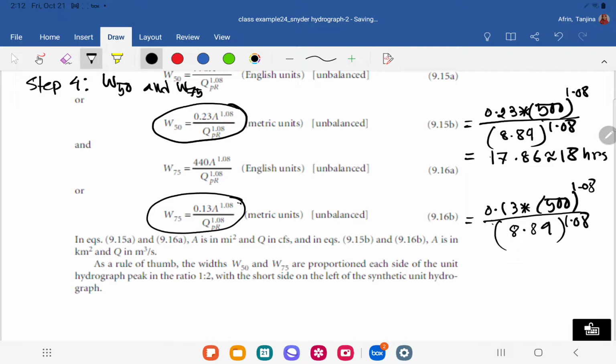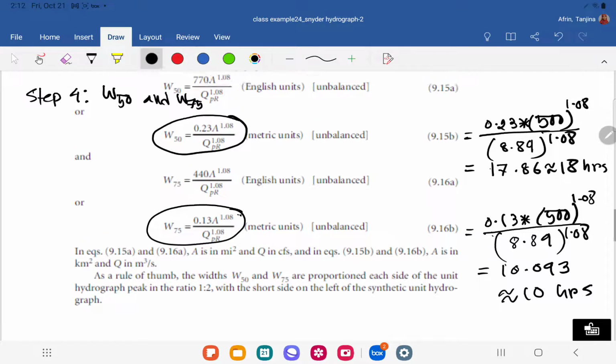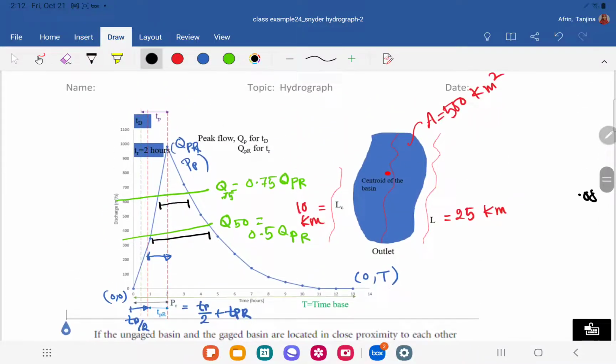Okay, so if we do that, I got 10.093. Basically we can actually get that as 10 hours. Now once we get this one, which is here 0.75, we got 18 hours, we got 10 hours.